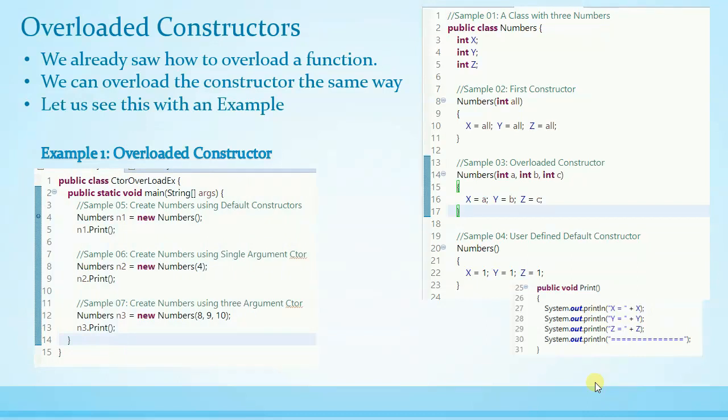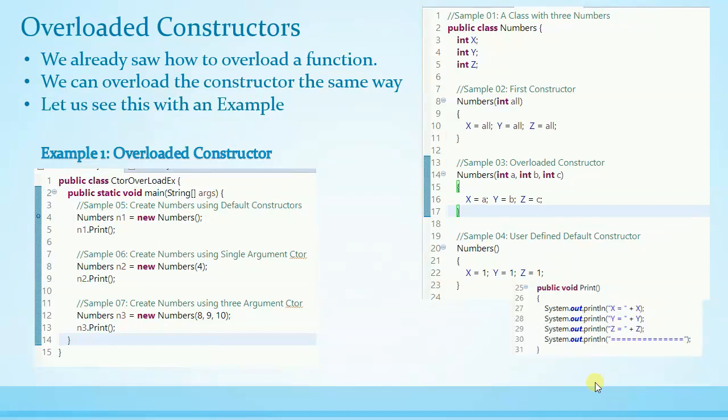In the main method we have 3 code snippets, and in each snippet we use a different constructor. For example, in snippet 5, if we want to create an object with all members having the initial value of 1, we will use the default constructor.